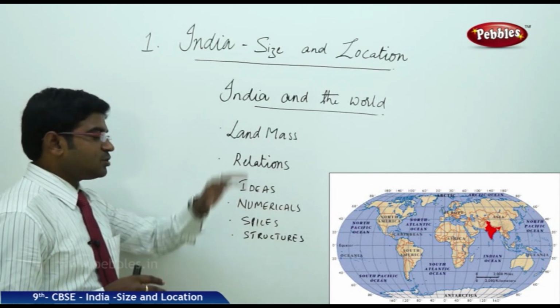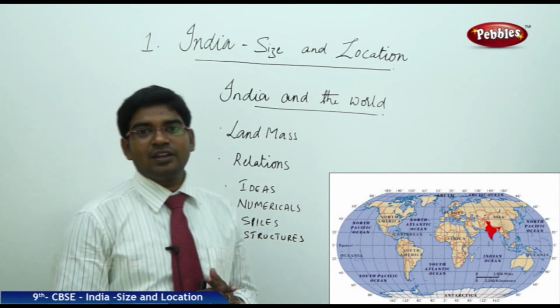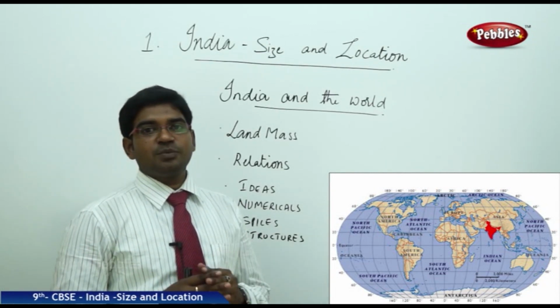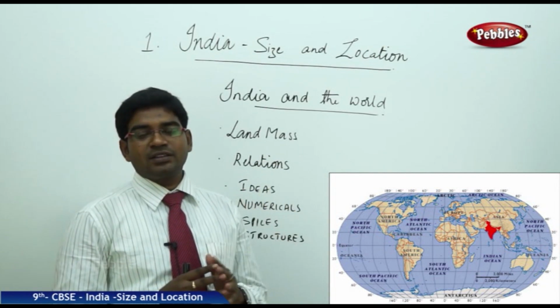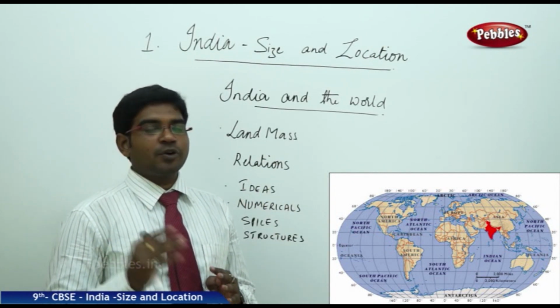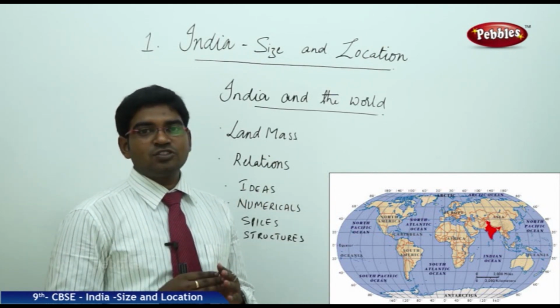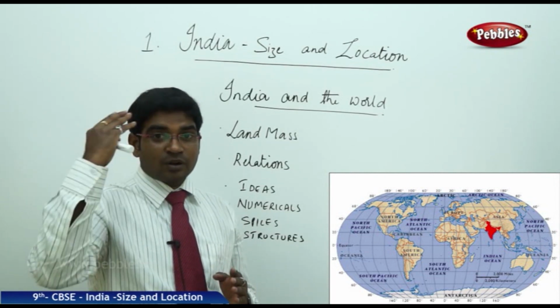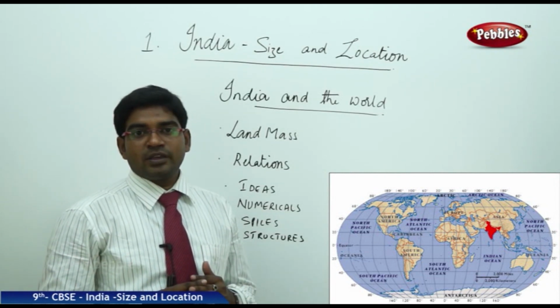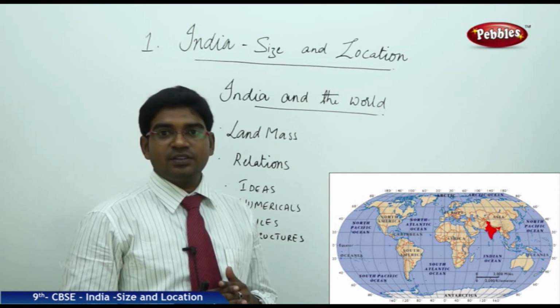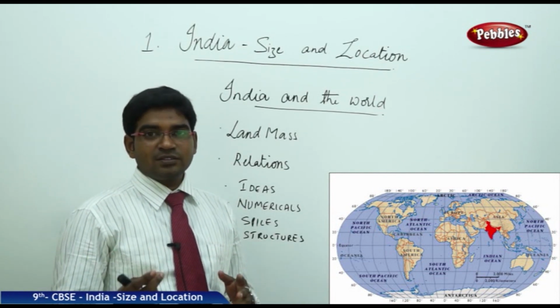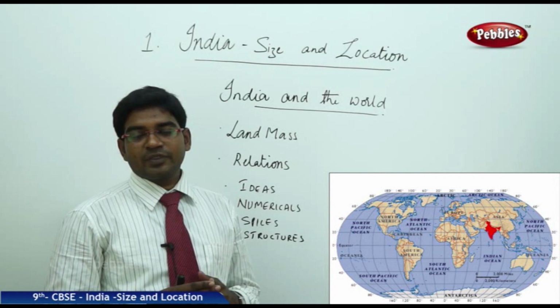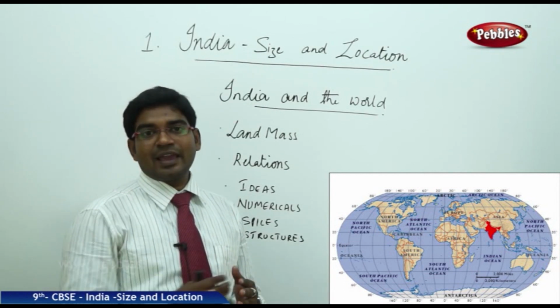Now, when we talk about the relationships, India's relationship with the western countries is not a new point. It has had a relationship with the western countries from way olden days. As early as the 3rd century BC, we have Indian pottery being sold there, Indian spices being carried there.